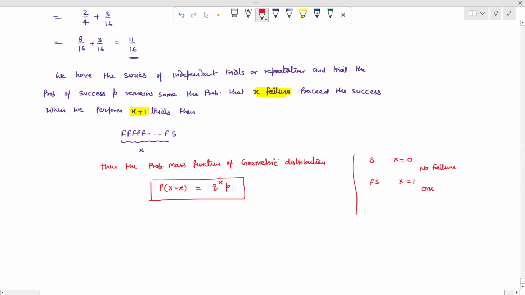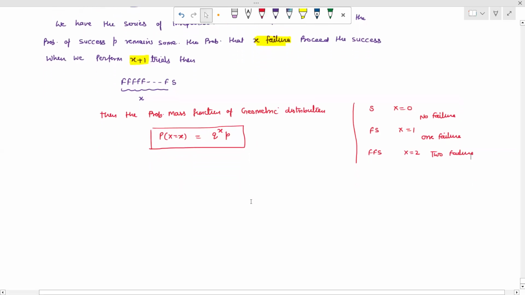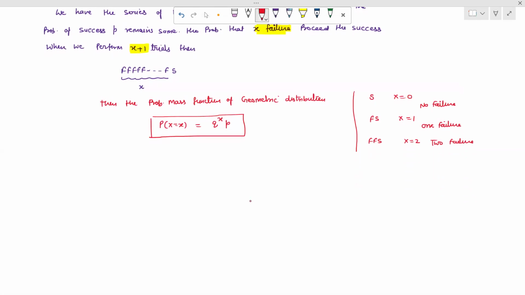When we have failure, failure, success, x equal to 2, meaning 2 failures, then we get the success. Okay, so this is the probability mass function of geometric distribution.